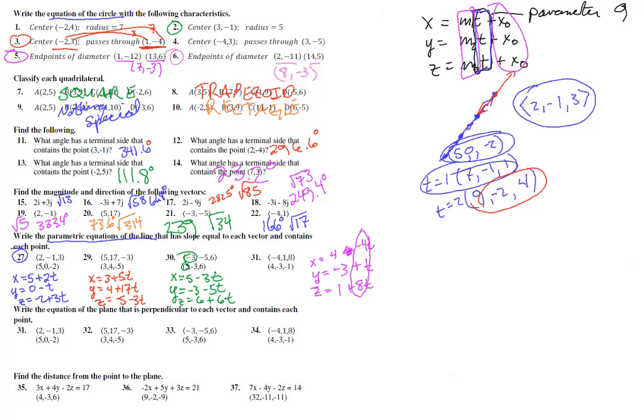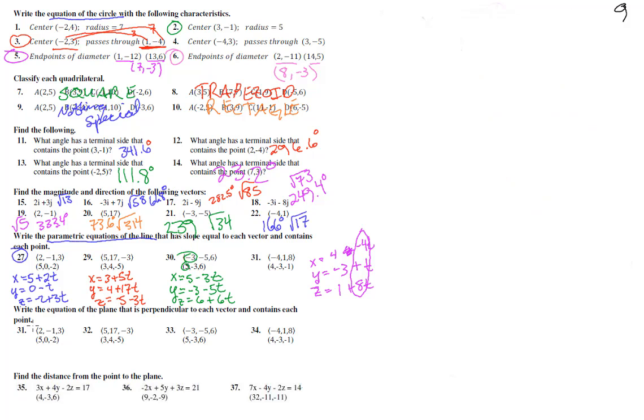Okay, so number 31. Here we're going to write an equation of a plane that is perpendicular to each vector. So the vector in this case is (2, -1, 3), and the point is (5, 0, -2). You'll notice we're using the same problems, but we're not writing the equation of that line going up through there.